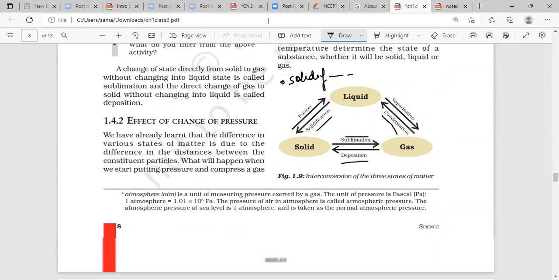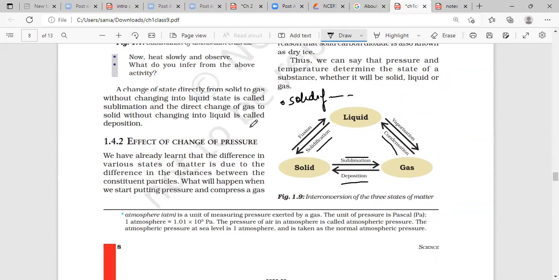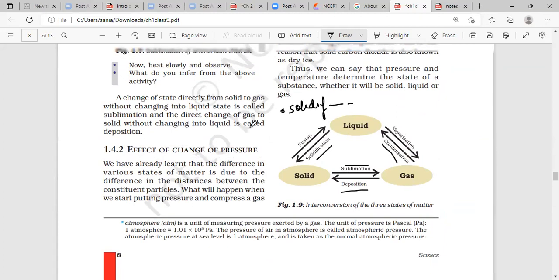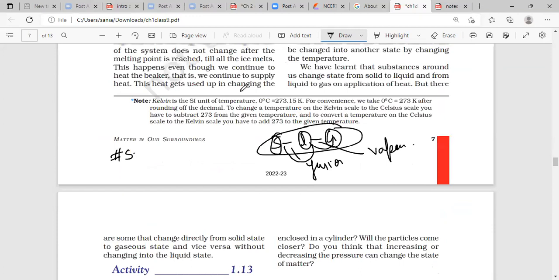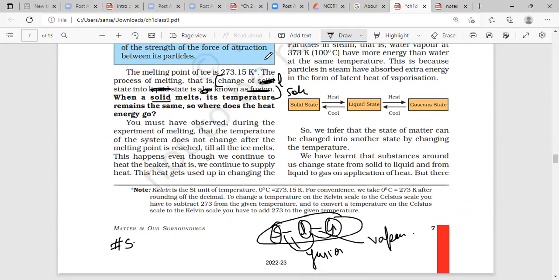Then write the definition: change of liquid state into solid state is known as solidification. Done, ma'am.